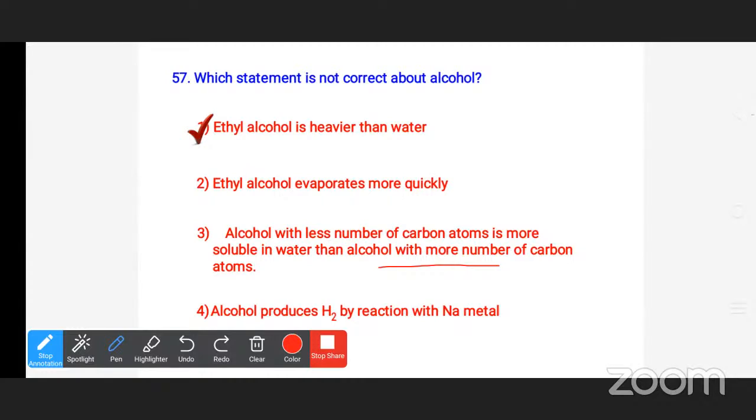Ethyl alcohol evaporates more quickly, alcohol with fewer carbon atoms is more soluble in water, and alcohol produces H2 by reaction with sodium metal. The above three statements are correct, but the first one is the wrong statement, that is, ethyl alcohol is heavier than water. Okay.